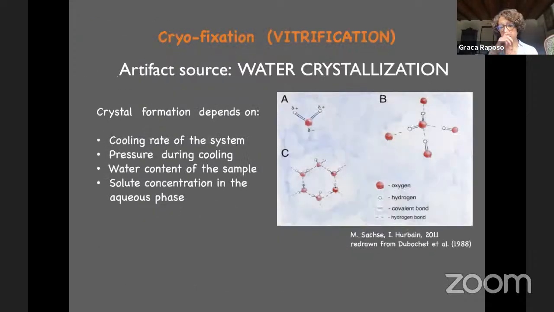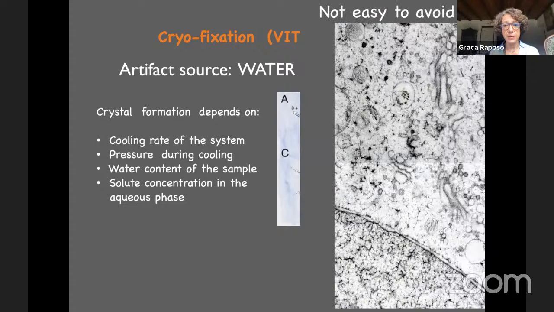And this is from a paper from Martin Sachs and Ilse Urbain, great engineer in our lab. We've been really developing this technique and doing also a lot of electron tomography. They have worked a lot on how you can really reduce ice and preserve samples to do this high pressure freezing.